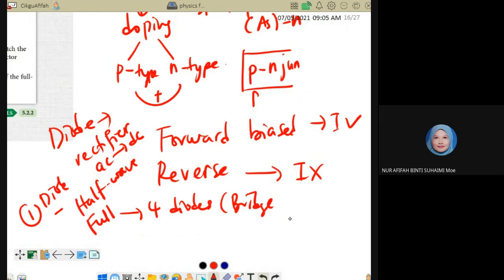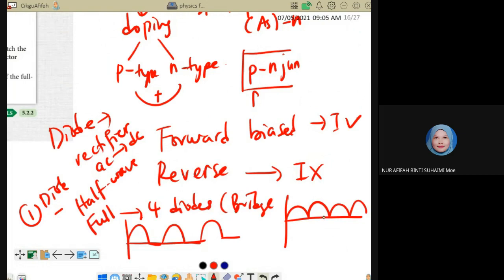You must also know how to draw the graph. Remember, for half wave rectification it is positive, flat, positive, flat, because we only use one diode. For the bridge, A to B, B to A, A to B, continuous. To smooth it, we use a capacitor. It goes up, down, up, down. The rise is charging and the fall is discharging. That's the function of the capacitor.